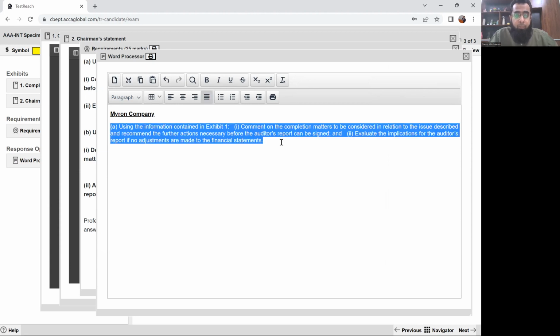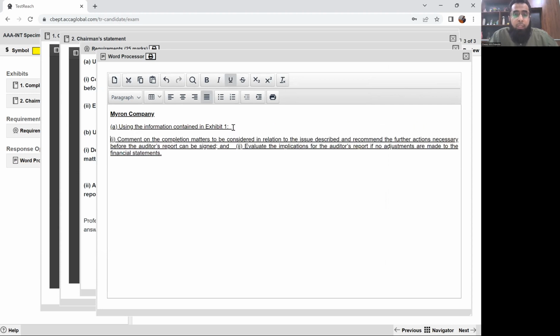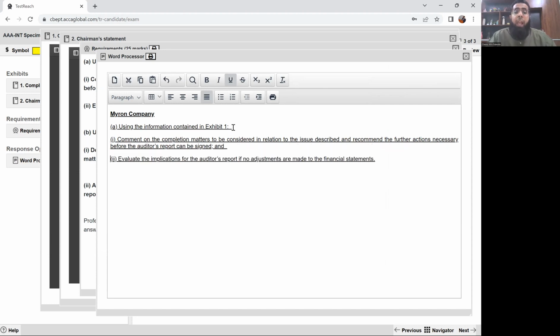Using the information in Exhibit 1, comment on the completion matters to be considered and actions to be taken, and evaluate the implications for the auditor's report. So first of all, let's comment on matters to be considered.